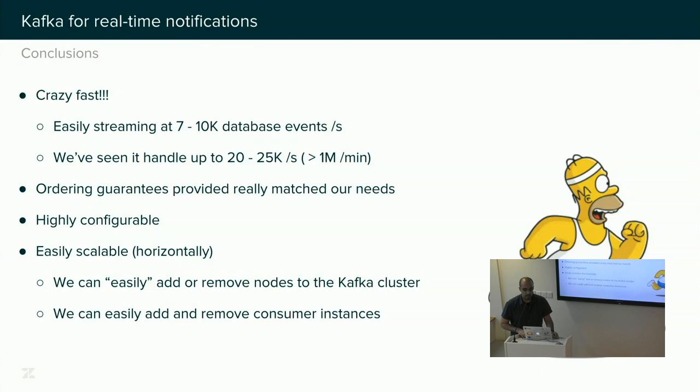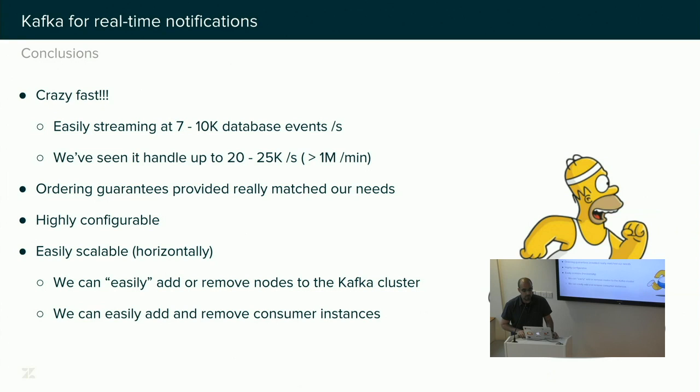Even without being under load, we were consistently streaming between 7,000 and 10,000 database events per second. But during load, it can spike to 25,000 events per second, which is over 1 million events per minute. And this is even before rolling up this data into transactions.